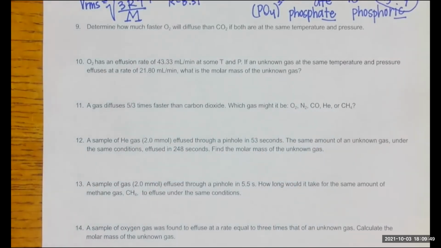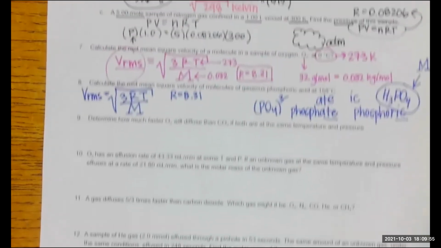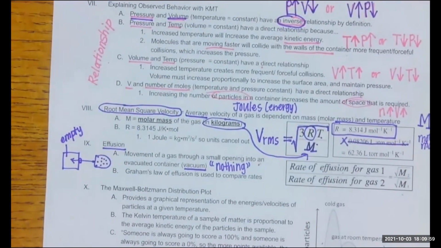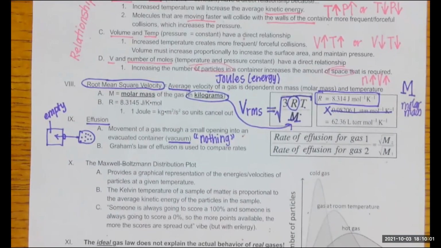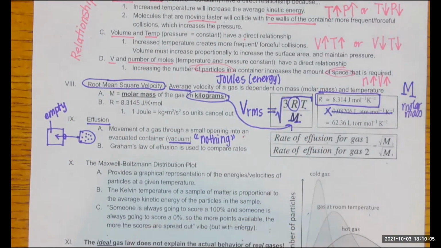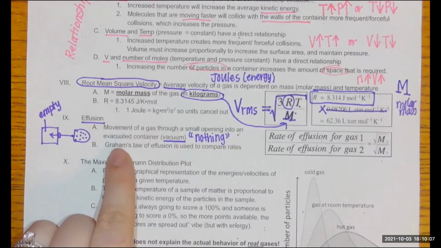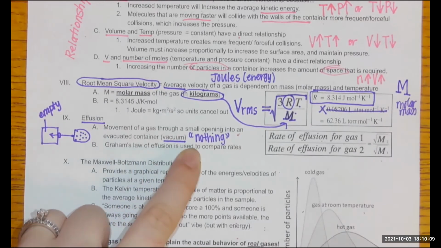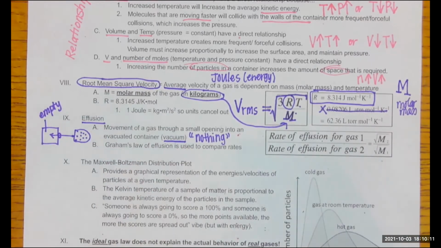So to do all of these, we're going to use Graham's law of effusion, and that's back in the notes. This is how we compare the effusion rates of gases. Graham's law of effusion is used to compare rates.